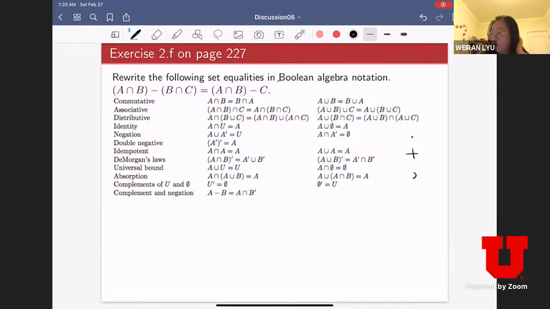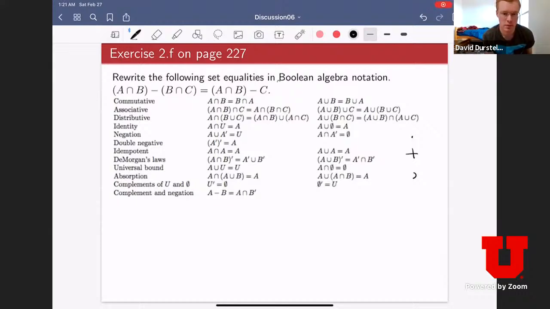All right, anyone wants to give a shot? I can do it. Go ahead. So first off, we'd start off the left side and we replace it by the complement and negation.